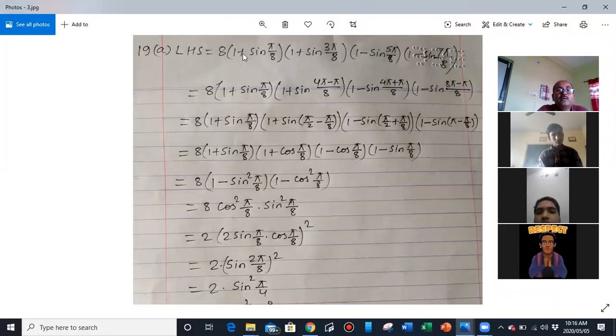This is the question, and finally you have to prove this is equal to 1. So see what we can do.